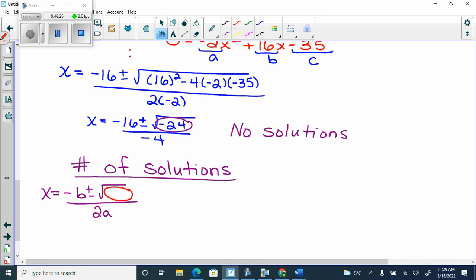This is b squared minus 4ac, is it not? That's all that's under there, isn't it? So that circle is actually b squared minus 4ac. We agree? So if I just figure that out and it's greater than 0, you can tell me what? There's 2 solutions. We agree?